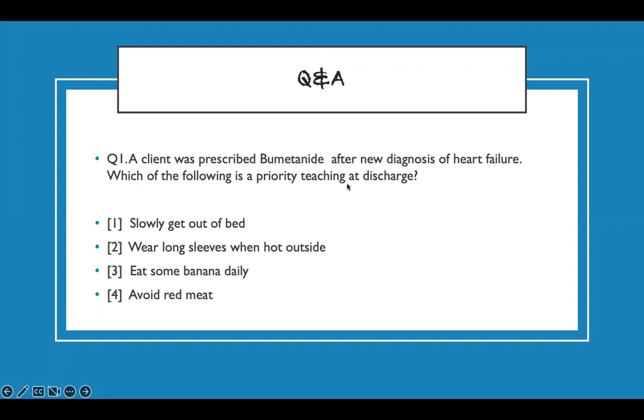So these are priority questions. As I answer questions, you always read the last portion of it. Which of the following is a priority teaching at discharge? Okay, I have to teach somebody. A client was prescribed bumetanide after a new diagnosis of heart failure. Which one is a priority teaching?